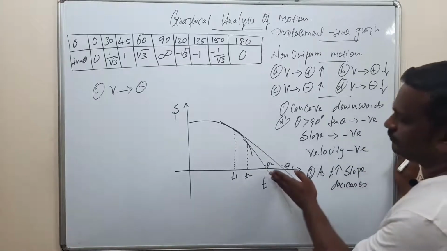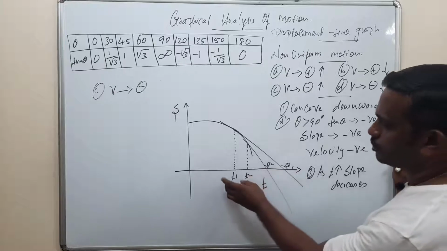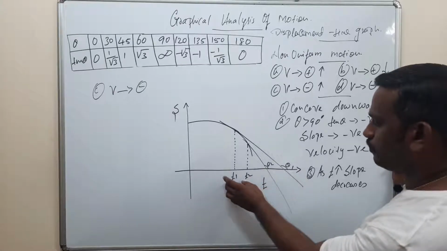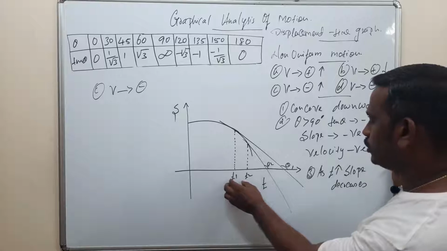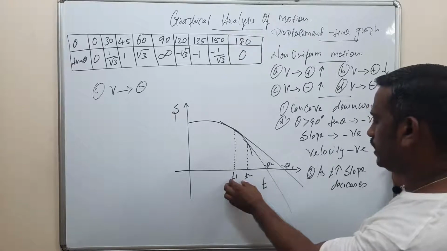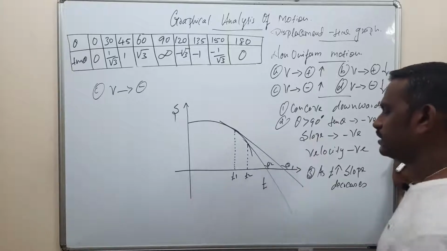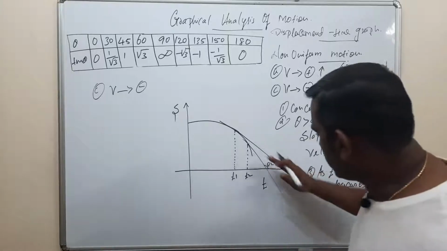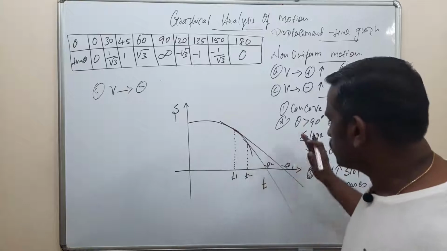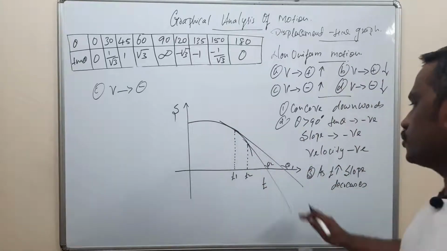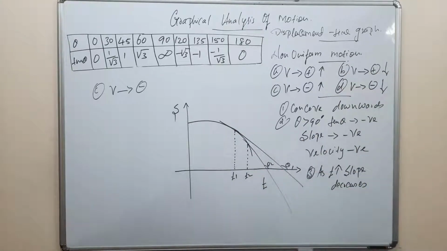So look at the graph. The slope of the tangent at T1 is greater than the slope of the tangent at T2. So this line is steeper. So slope decreases.